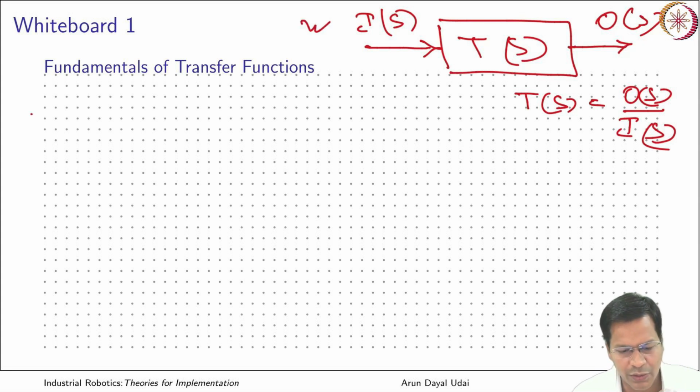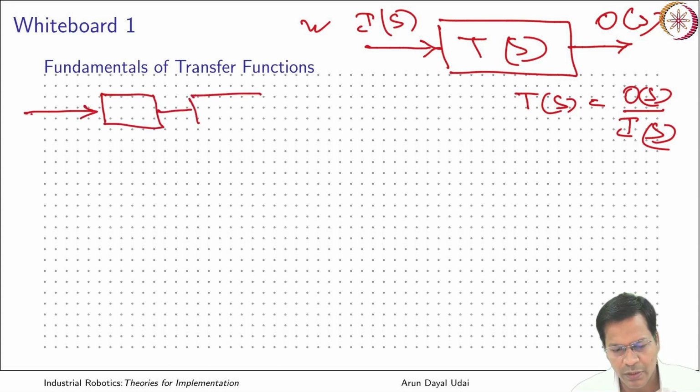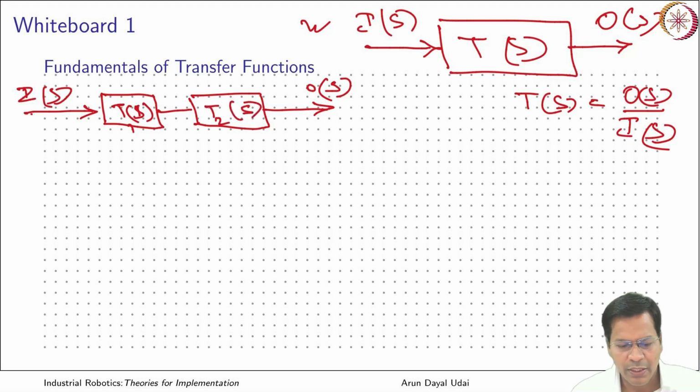So if it is in series, you have two blocks coming one after the other. This becomes your input, this becomes your output. You have transfer function 1 and transfer function 2. Let us say the signal which is tapped over here is E(S).